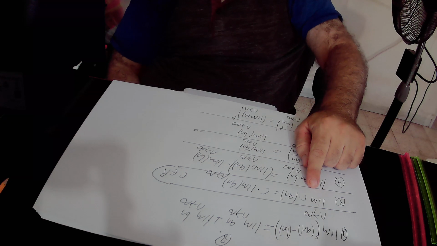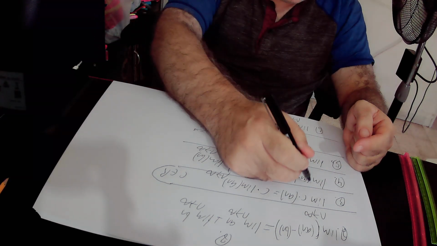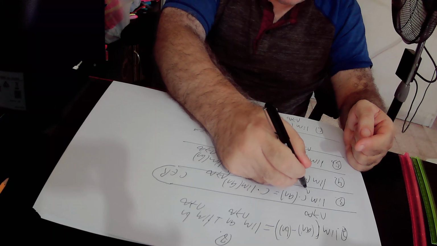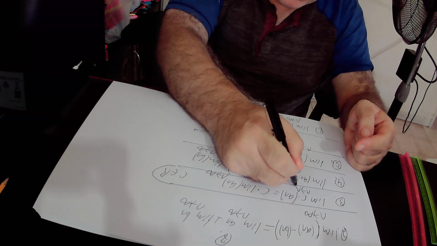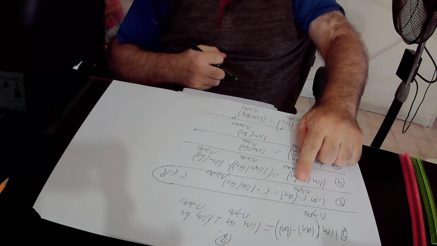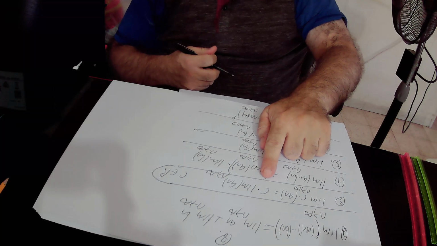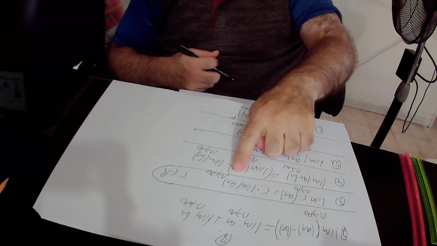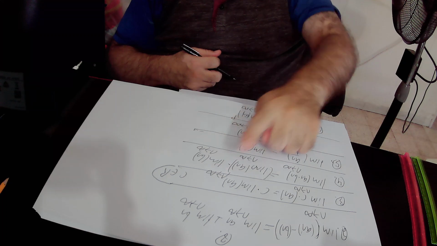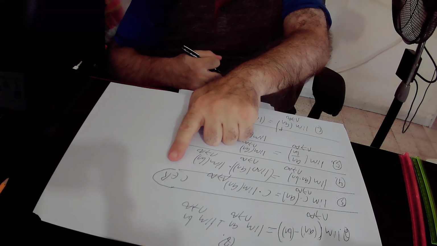So lim, when n tends to infinity, of C times an will be equal to C times lim an when n tends to infinity. And as I already mentioned before, C belongs to the real numbers.